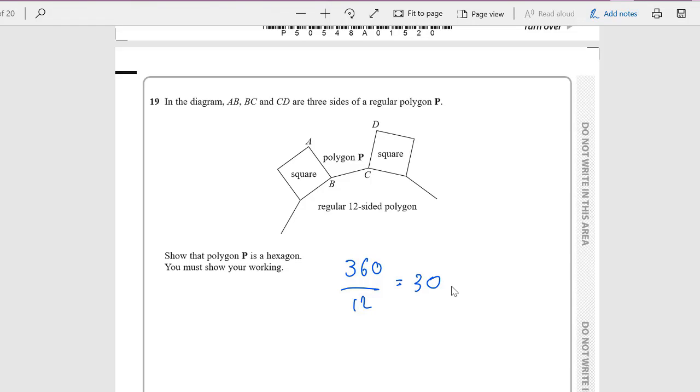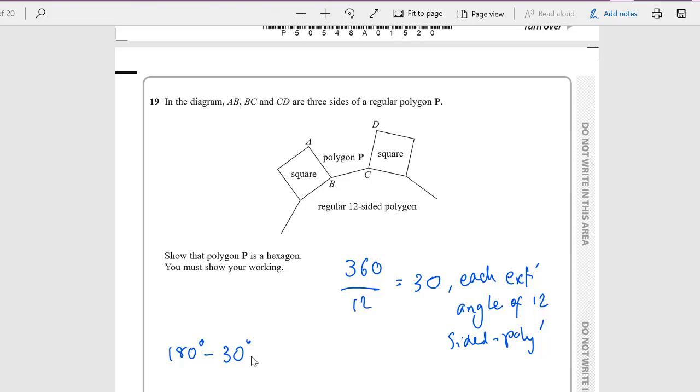So that is each exterior angle of a 12-sided polygon. And then we know that 180, which is the total degrees of a triangle or a line. So 180 take away 30 gives us 150.